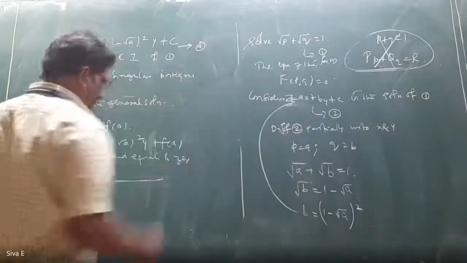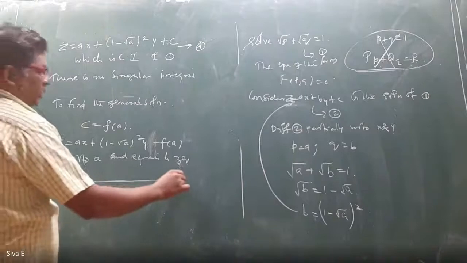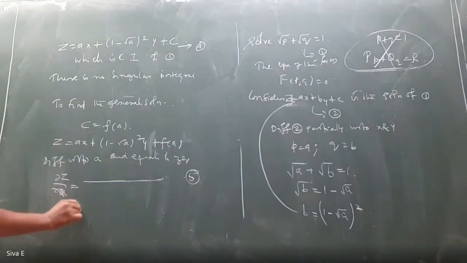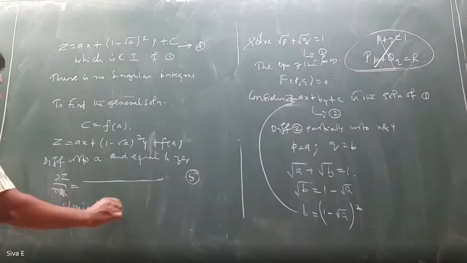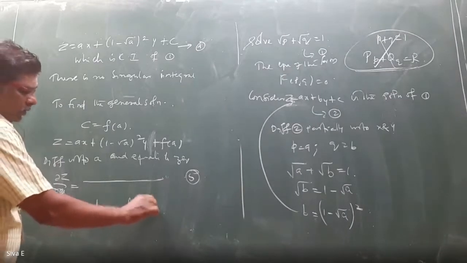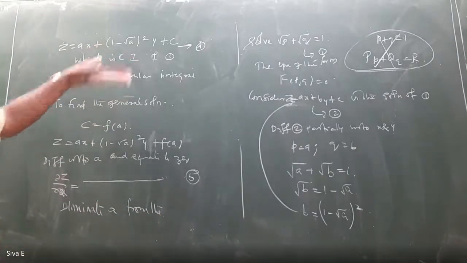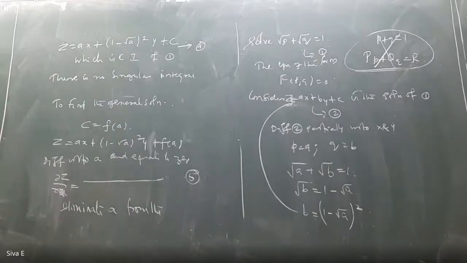Whatever you get for dou z by dou a, that is equation number 5. Then eliminate a from the complete integral.